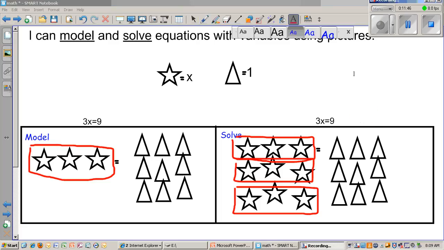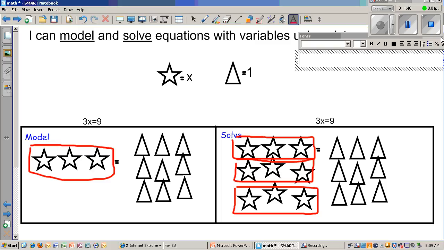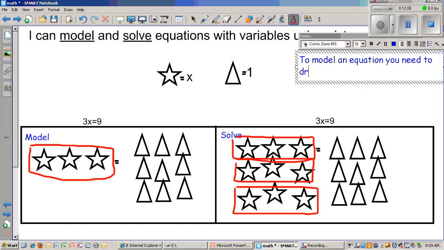So before we end today, let's ask ourselves how we can model and solve equations with variables. Well, first, to model an equation, you need to draw the number of variables.